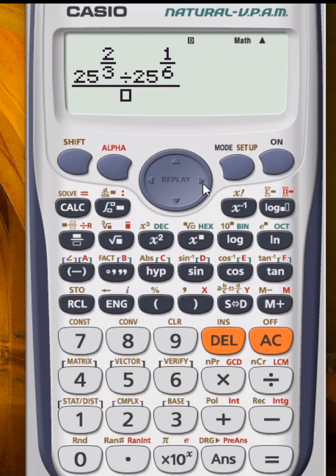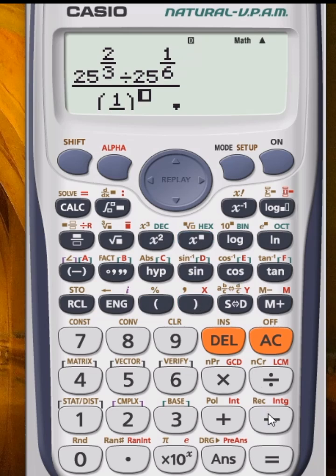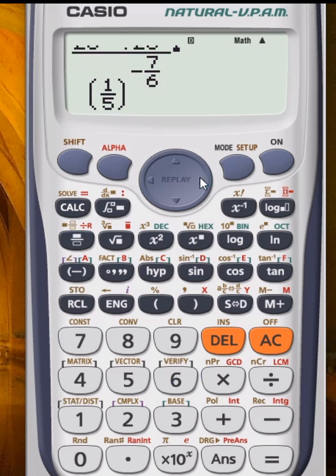Now when it comes to the denominator, we also have another fraction at the denominator, and that one too has been put in a bracket. So we just type it as it has been written. I open my bracket and input the fraction 1 out of 5, power negative 7 out of 6, times another fraction 1 out of 5 power 1 out of 6.